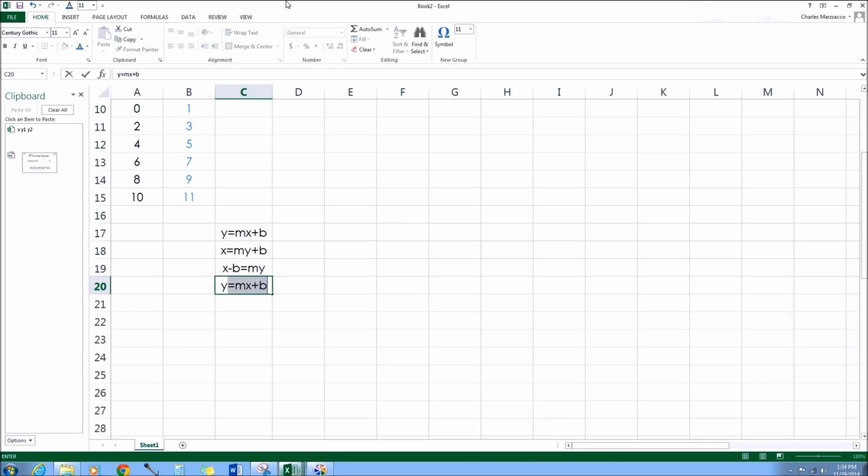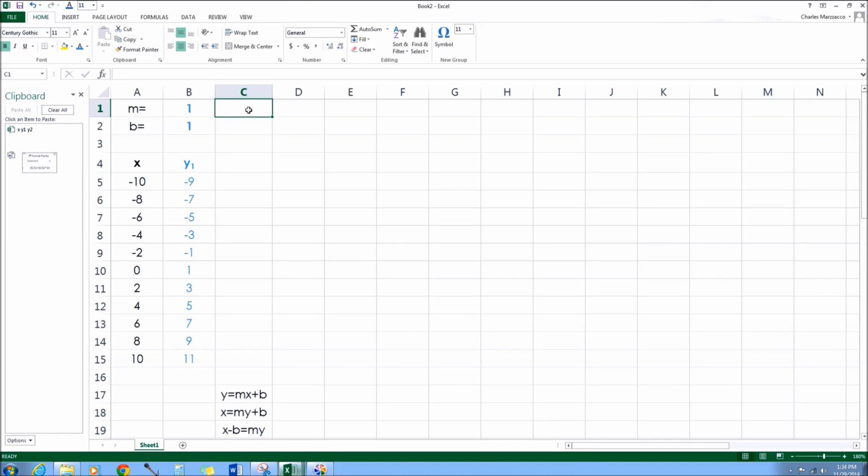y equals x minus b divided by m. So it's x over m and b over m.